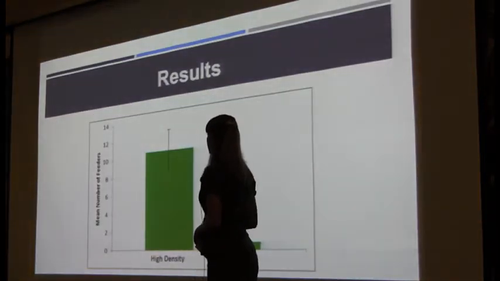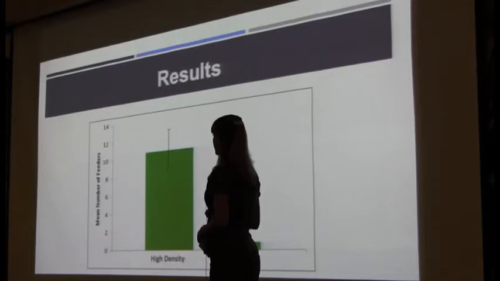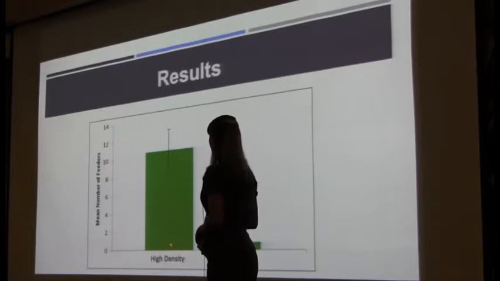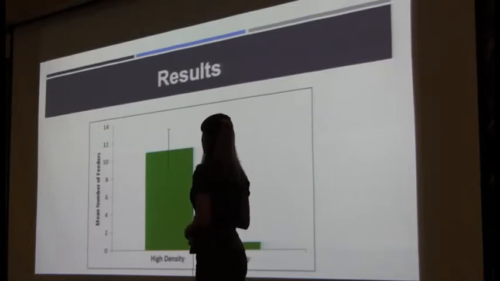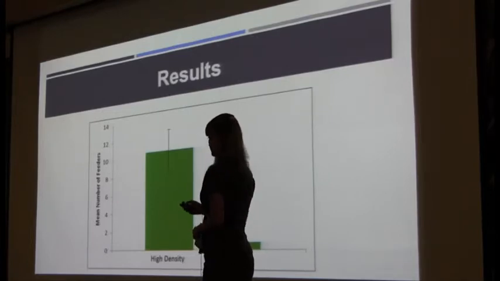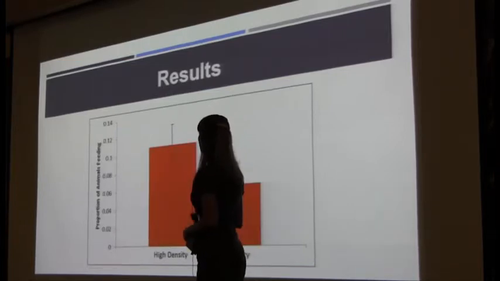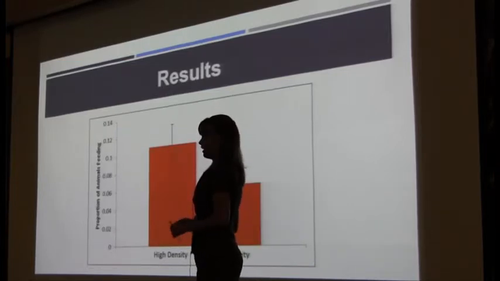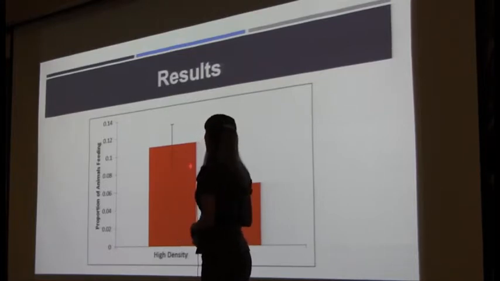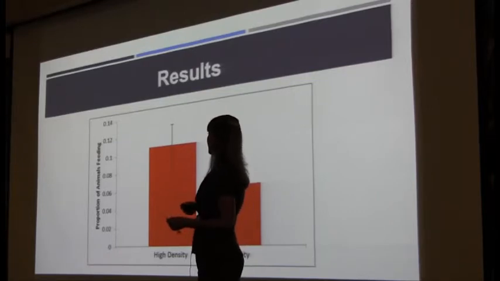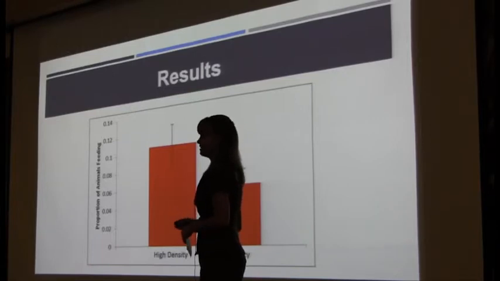So for our results, we compared the mean number of feeders for the high density and low density, and it was significantly different. When we compare them proportionally, you might think, well, of course there's going to be more feeding because there were more of them. So we did compare them proportionally, and it was 10% that would feed in the high density, but only 5% fed in the low density.